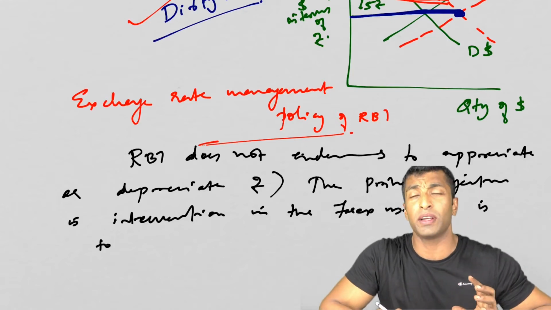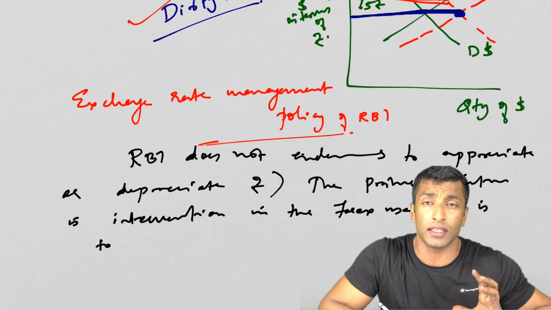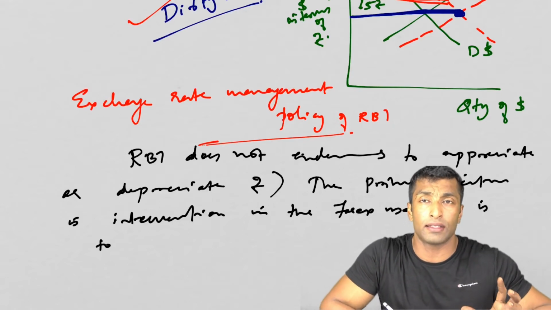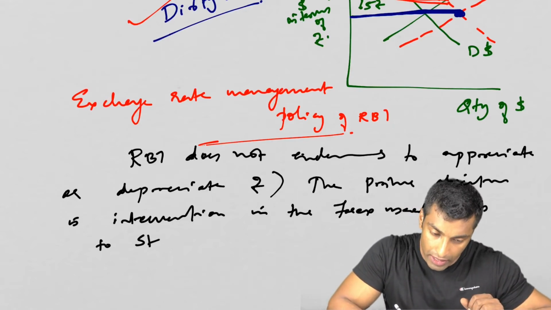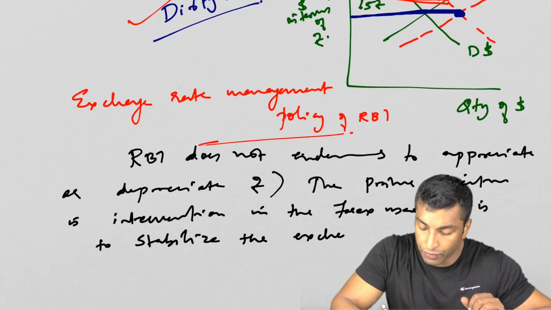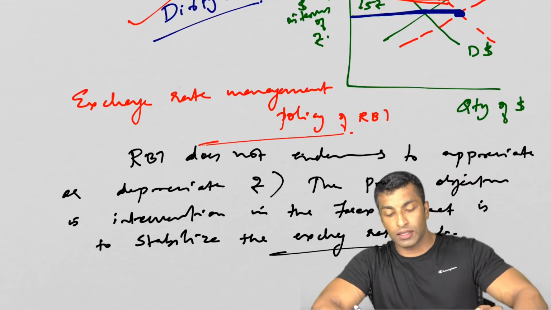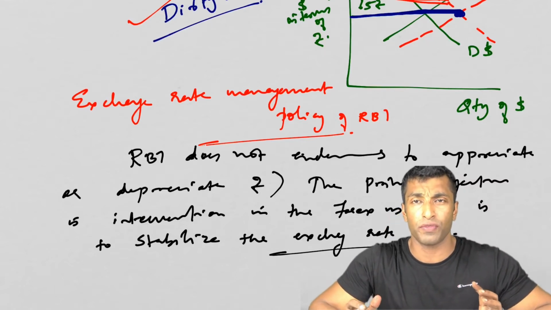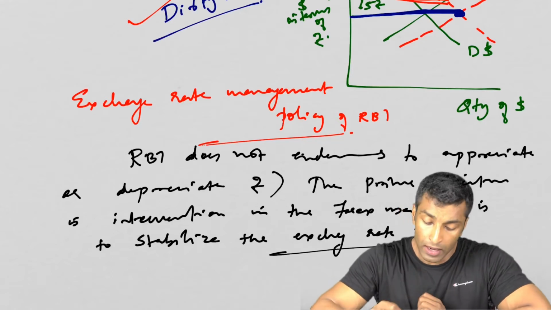How and why RBI is interfering in the forex market is basically to stabilize the exchange rate of the rupee. Okay, so I hope this is the exchange rate management policy of RBI. I hope this is clear for all of you.